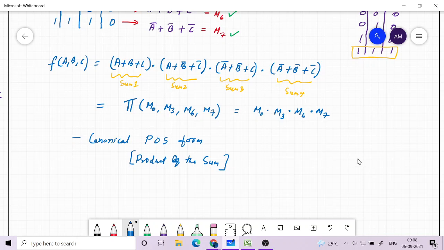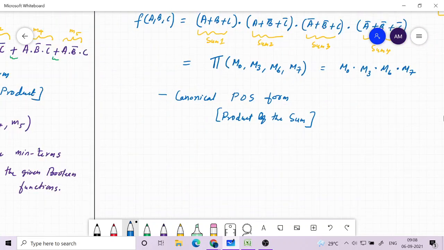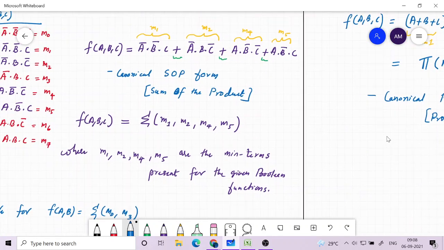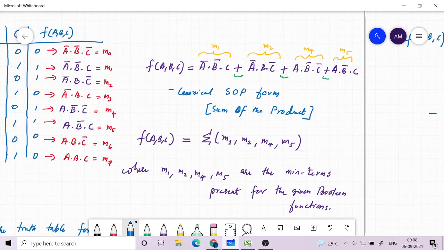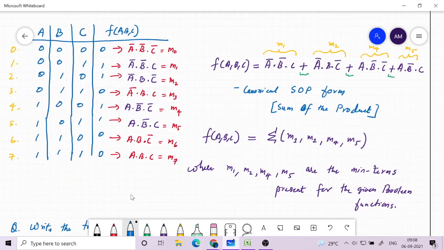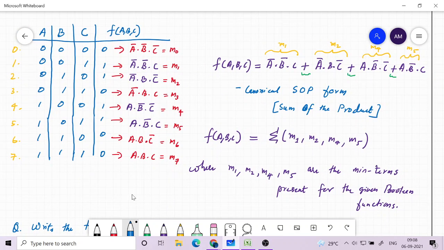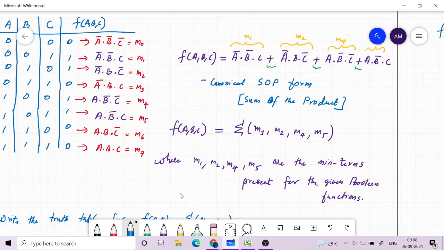Okay, so what did we learn today? How to represent a Boolean function. First, by truth table I can list out all the different cases. That is the simplest, but it is a bit lengthy way of representing a Boolean function. But then, looking at the cases of 1, I can pick out the corresponding min terms and write it like a sum.